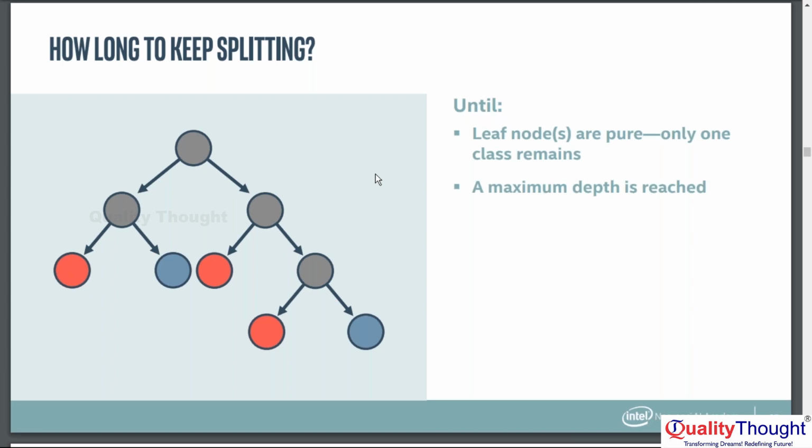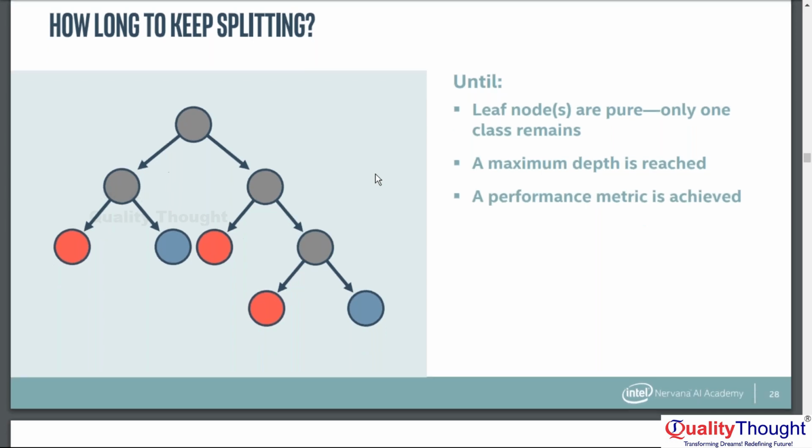We have a couple of statements we can rely on here. We keep on splitting until we reach a maximum depth, until only one class remains at the end, or otherwise until a performance metric is achieved.